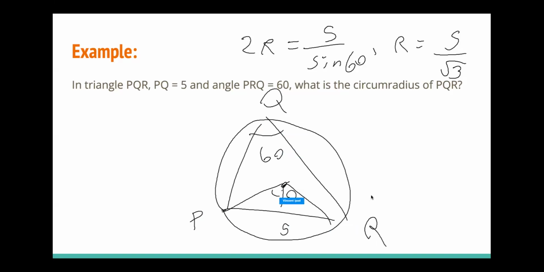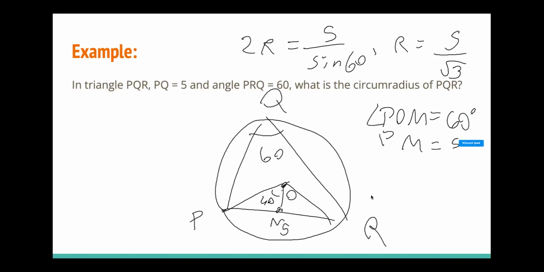So this angle is 60, and let's label PR's midpoint as M. Angle POM is equal to 60 degrees, and PM is equal to 5 over 2. And with our basic trig, we know that OP is equal to 5 over 2 over sine 60, which is equal to 5 over root 3. So that's also an approach you can do without the formula.